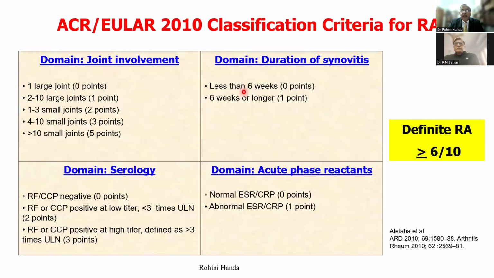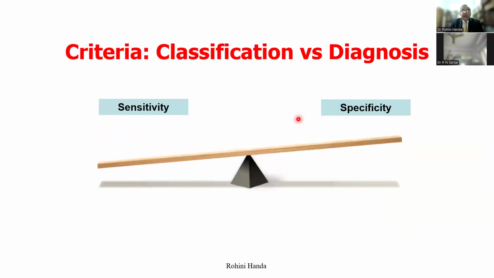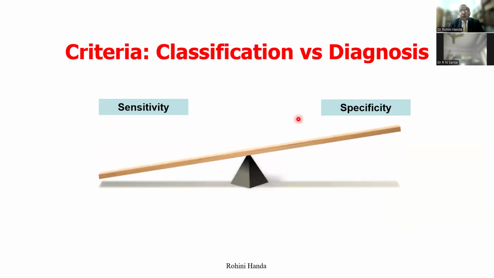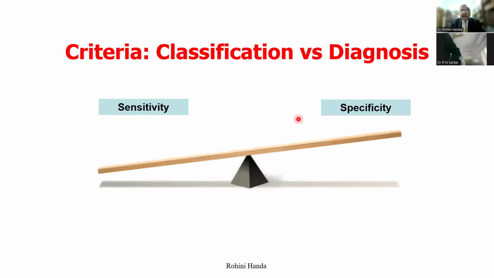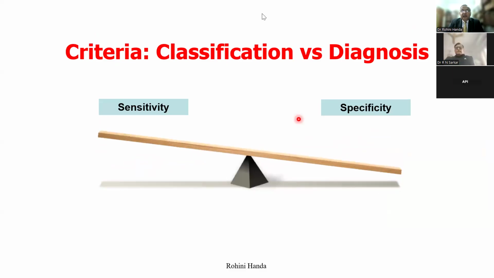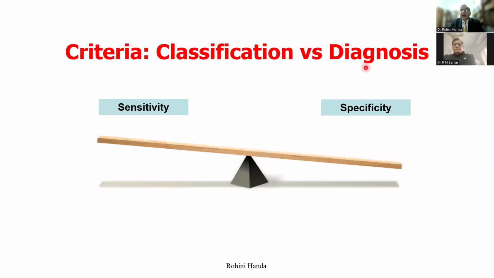We do have classification criteria for rheumatoid arthritis, and this includes a scoring system depending upon joint involvement, the serologic investigations that are available, the acute phase reactants, and the duration of synovitis. But for the students, I would like to emphasize that these are criteria for classification, not for diagnosis.